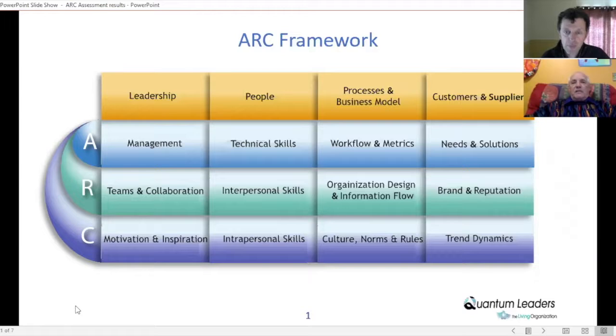And the same thing is true for the other 3 fields. You got your business processes, your business model. This is all around the organization as a collective. And we apply the same kind of things. The technical aspects or the activity typically runs around workflow and metrics and things of that nature, how the organization as a whole gets things done.